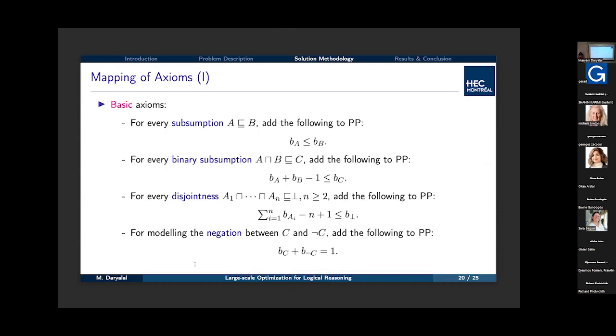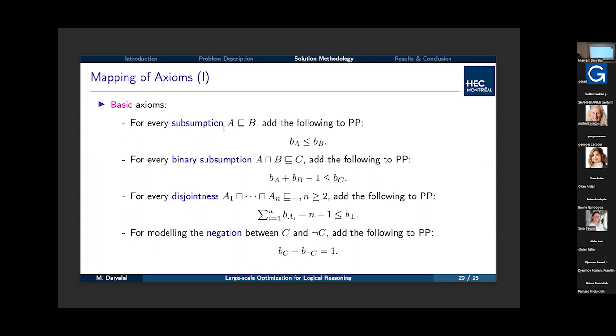So how do I map these things? I'm going to consider some of these axioms as basic and then reduce all the other axioms to them, because we had a lot, right? We have QCRs, and we know how they are handled in the master problem.